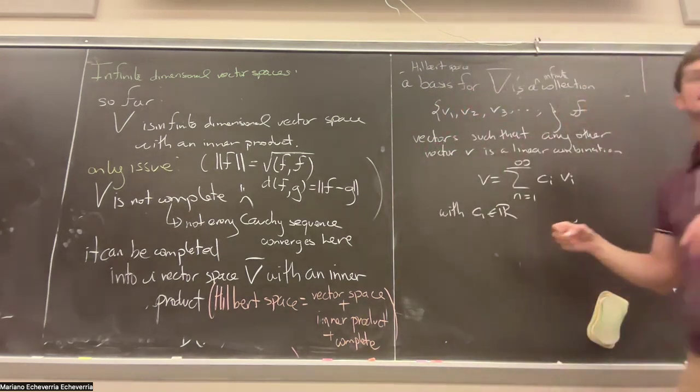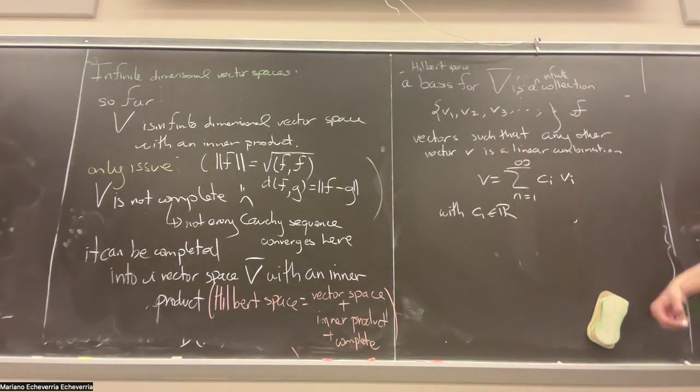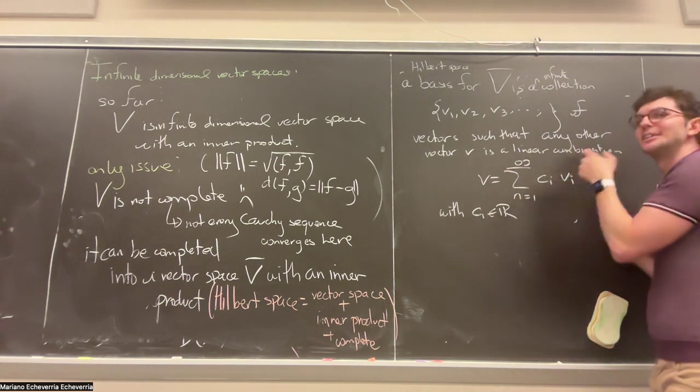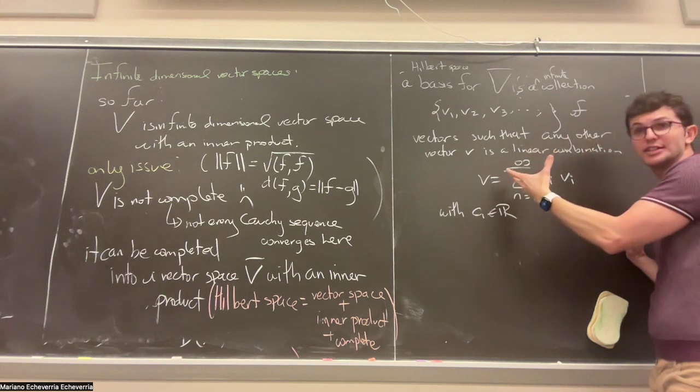What I'm saying is that this is now an infinite linear combination, a genuine series, and this is fine because it's an actual series. So here you do want the convergence of this.